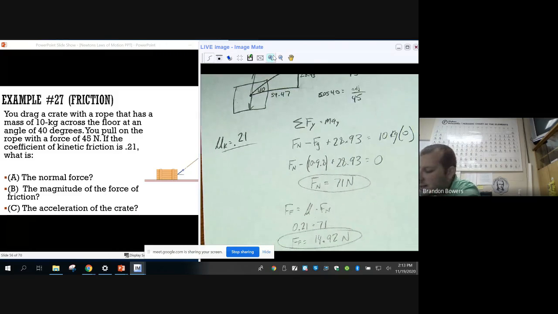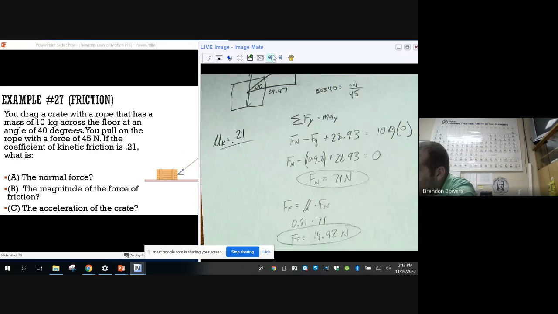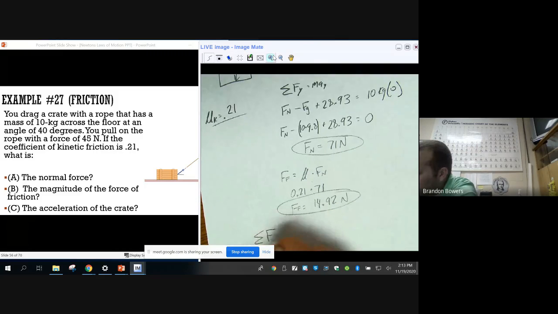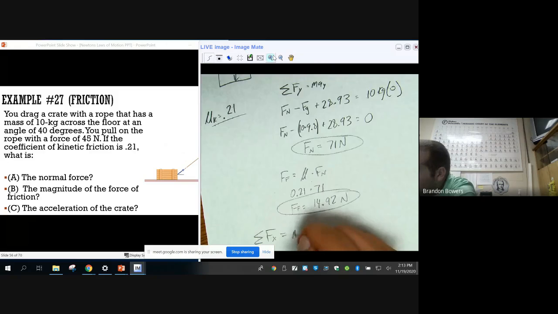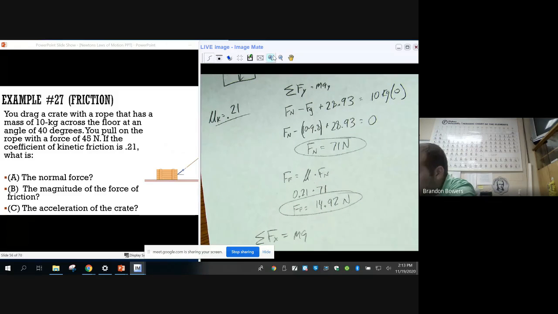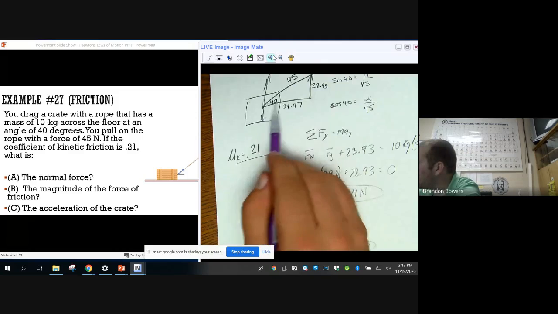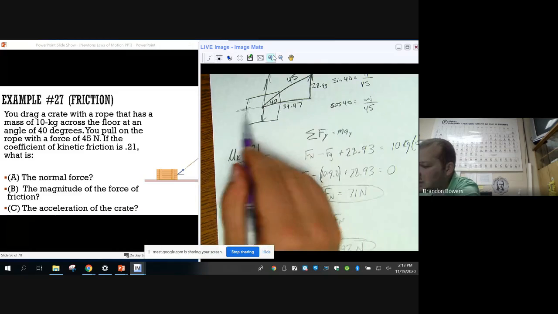Okay, and the third question is the acceleration of the crate. So to find the acceleration, I have to consider all of my forces in the x direction this time equals mass times acceleration. Well, I only have two forces in my x direction. I have the applied and I have the friction.